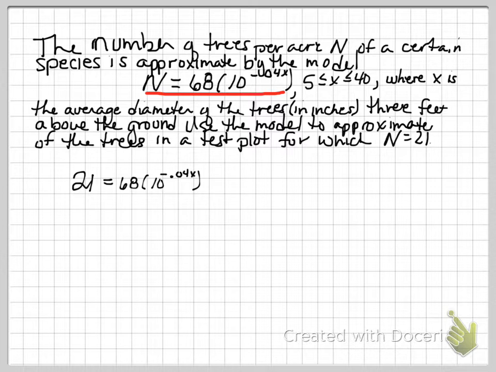Okay. Now we just have to solve it. First step is we're going to divide by 68. And you're going to need your calculator for this. And that comes out to be approximately 0.3.